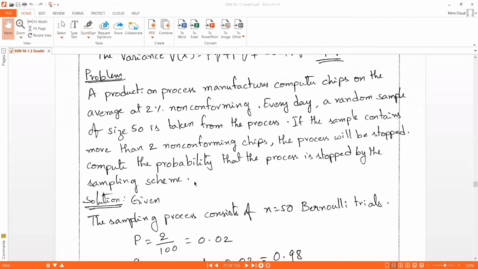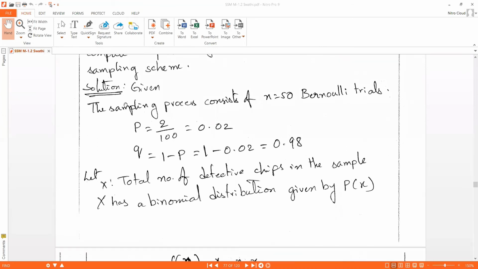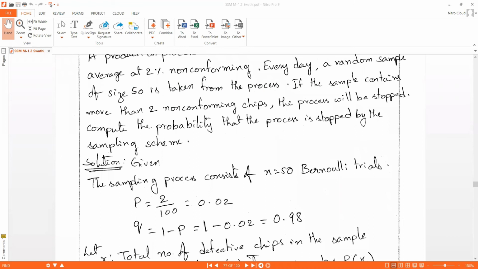Here they have given that the sampling process consists of 50 Bernoulli trials, that is n is equal to 50, and p is equal to 2 by 100, because on average 2% will be non-conforming.